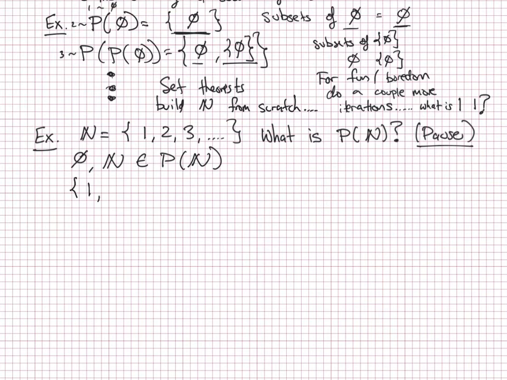I could write {1, 3, 8}, this is a perfectly good element of the power set, it's a subset of the natural numbers. So I could write, just give me any finite list of natural numbers, and then from there I give you an element of the power set. So that's pretty big, but of course we can get bigger, right?